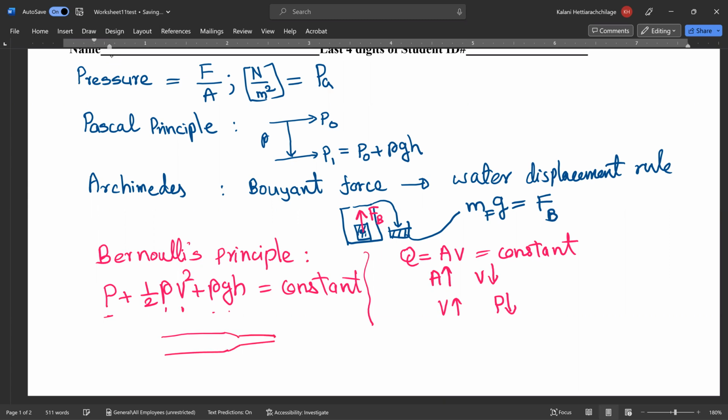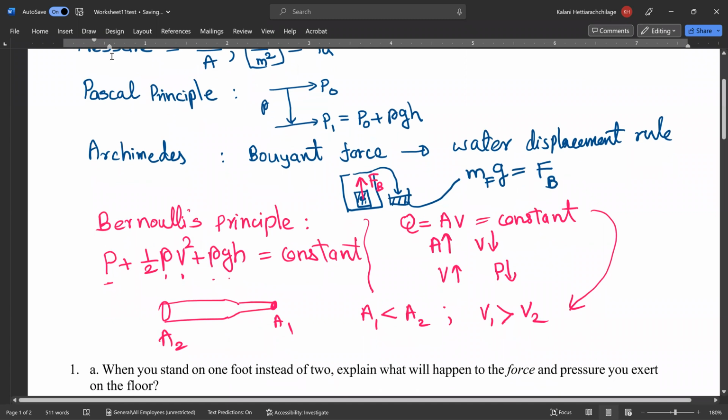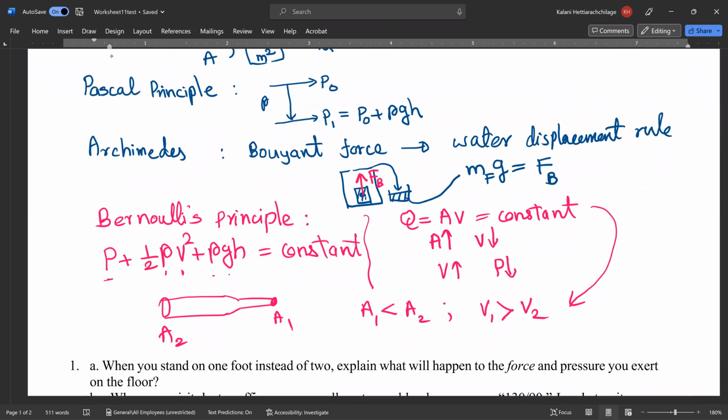Everybody knows the cross-sectional area here is A1 and here is A2. So A1 is less than A2, right? So this also tells us about how the velocity will change: V1 is greater than V2, right? So that is your flow rate condition, right? So after that, how you check the velocity against the pressure is by using this formula.